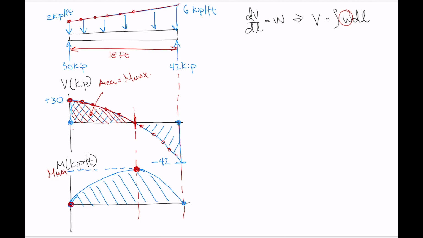That's because if you just look at your free body diagram, you're going to be tempted to write the equation for your distributed load with a positive slope, where in reality, if you graph a quick sketch of the value of W versus the value of L, you can see that W starts off as -2 because that's a downward load, and it goes to a value of -6 over a length of 18 feet.